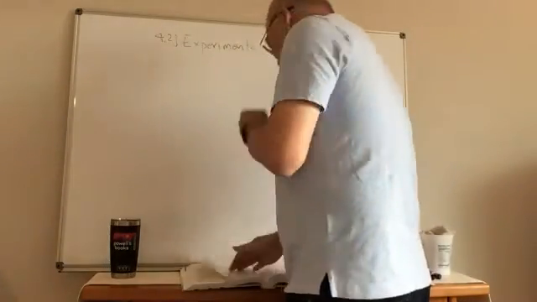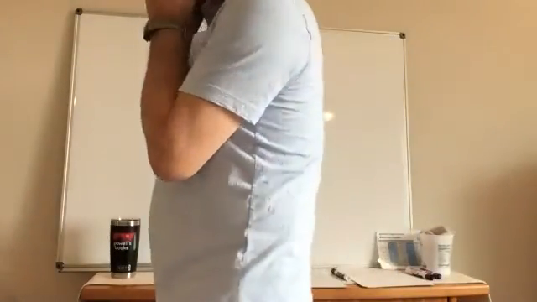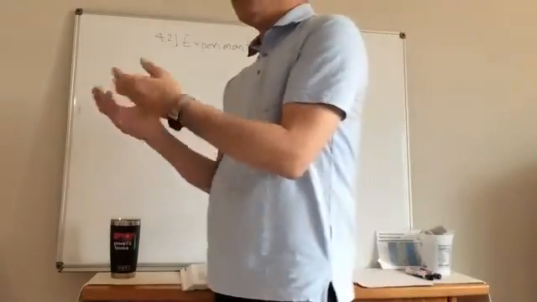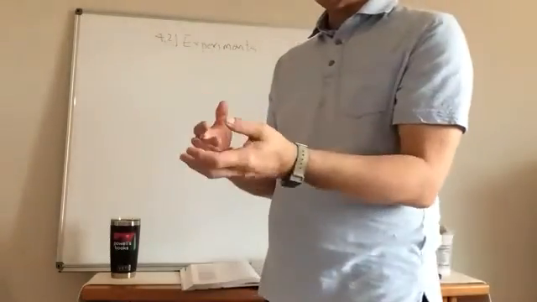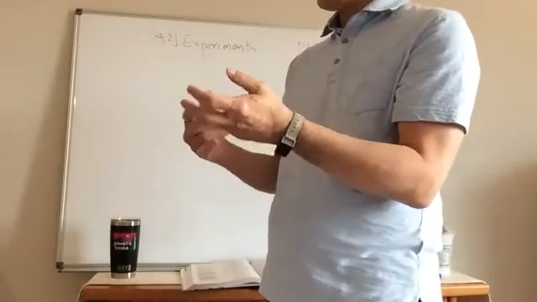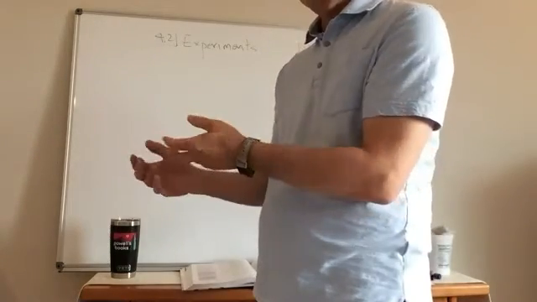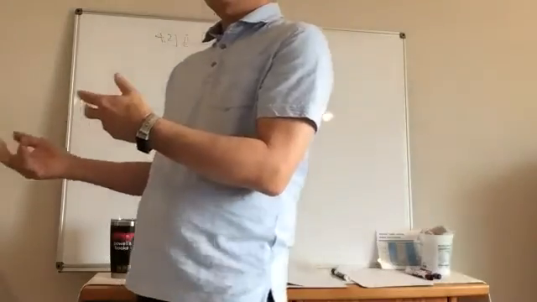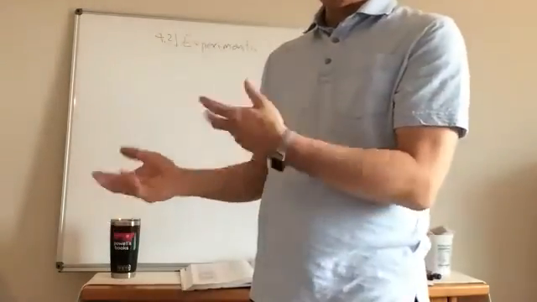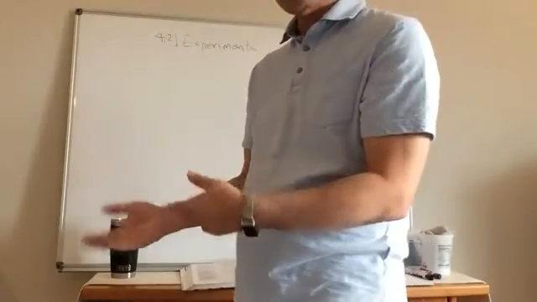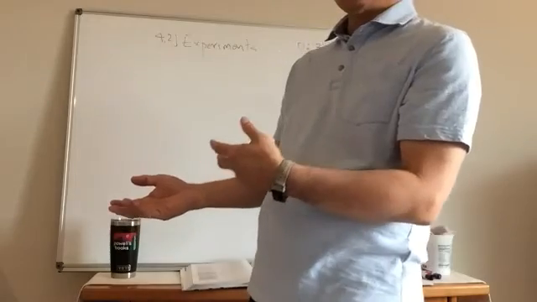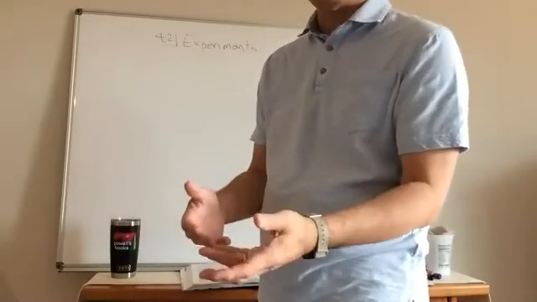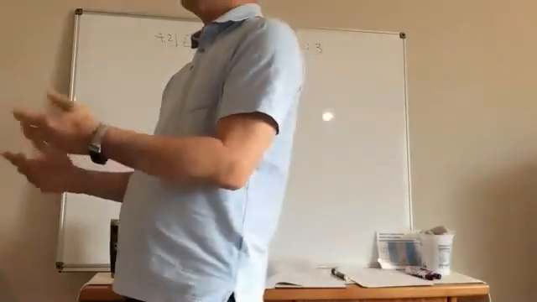So the point here is that if the caffeine-free Coke and the regular Coke have a difference in not only the caffeine, but also a difference in sugar, then you're not sure. You can't say that it was because of the caffeine or whether it was because of the sugar, right?